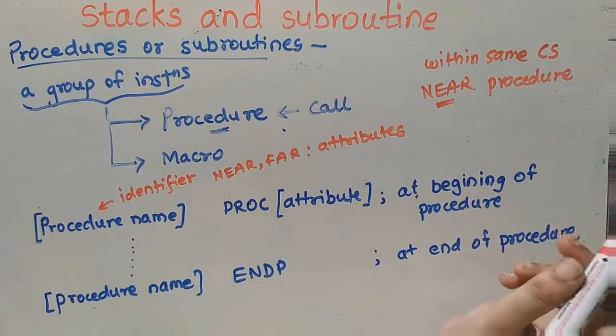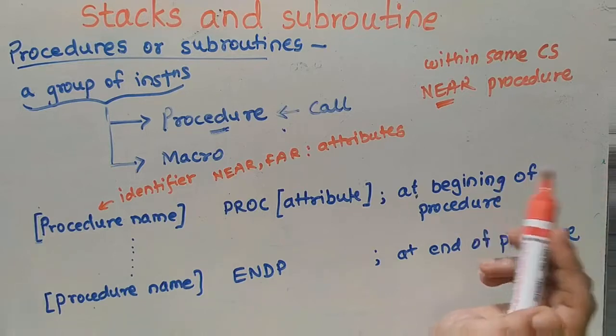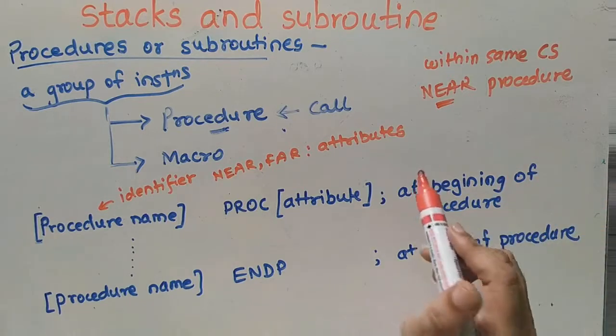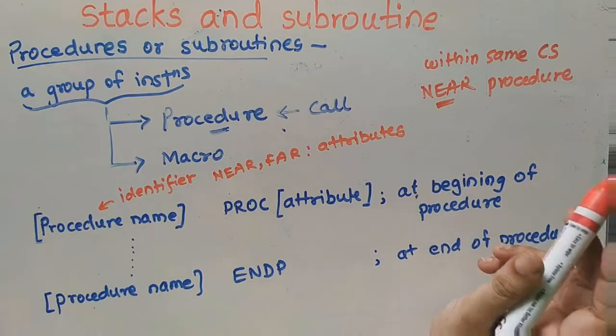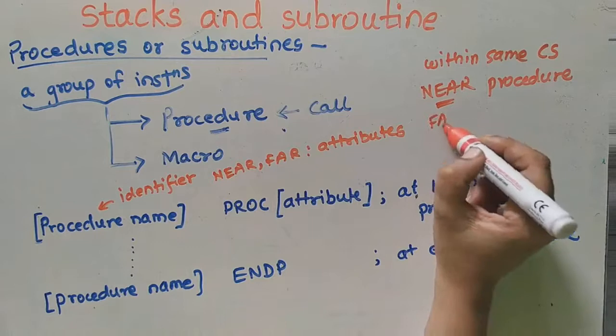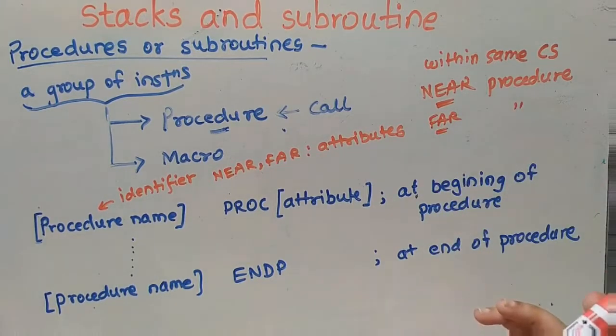And if the procedure is in the other segment, then we use the far procedure, and FAR is the attribute.